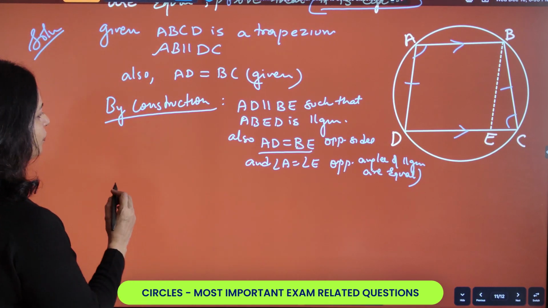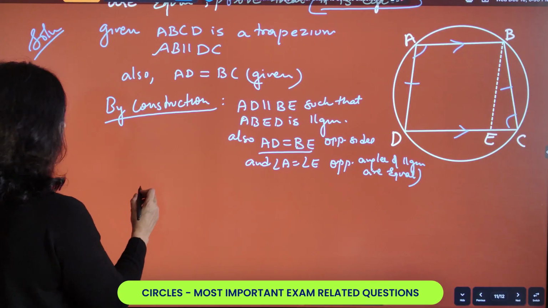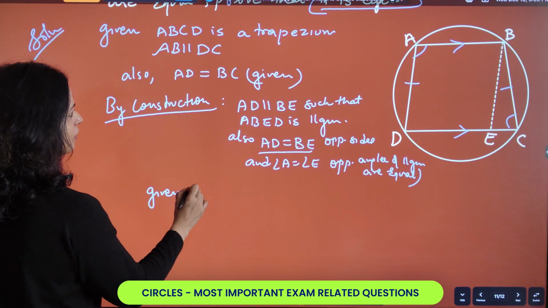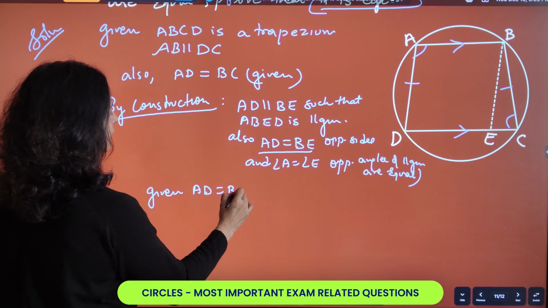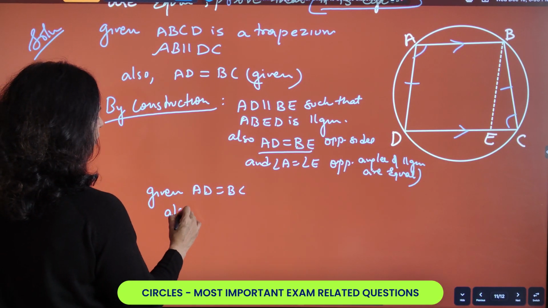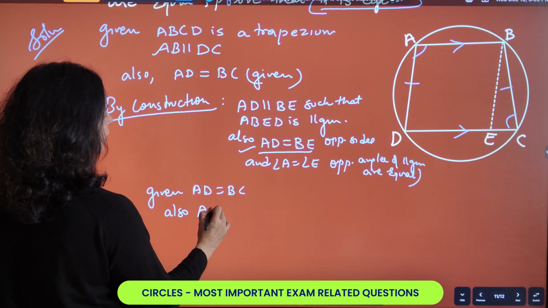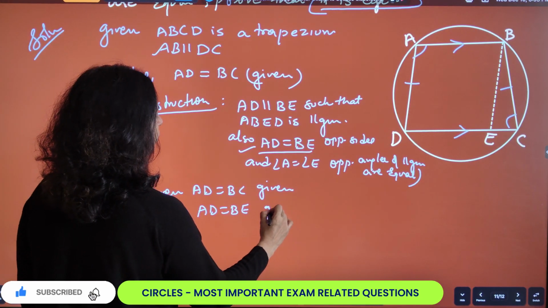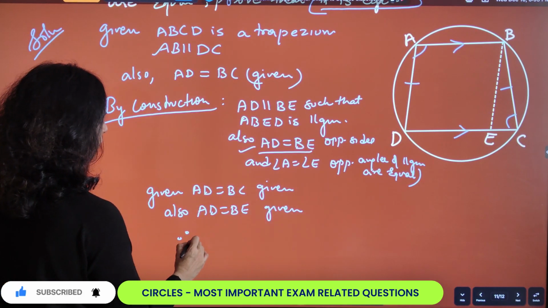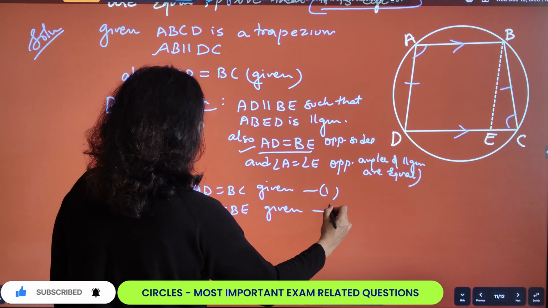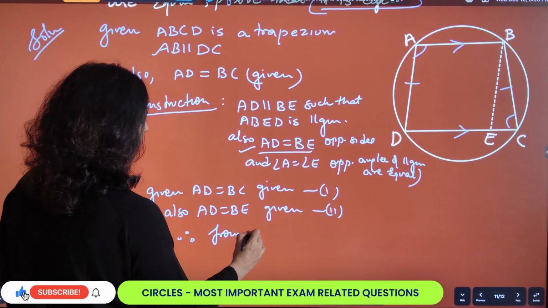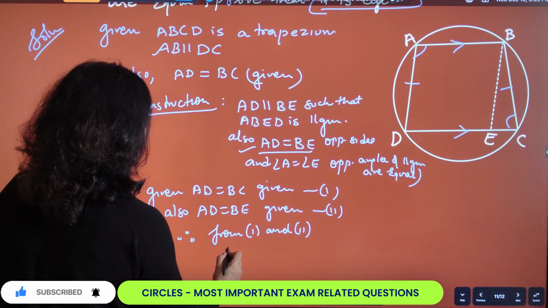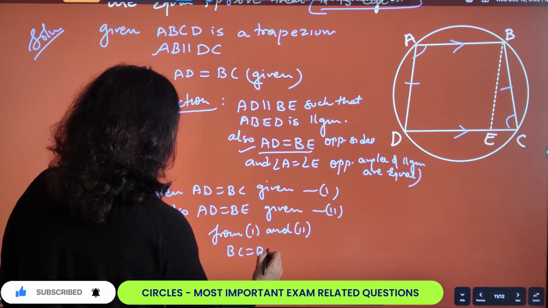Now if you see, AD is equal to BC is given, and also we have AD is equal to BE. Both are given to us. Therefore, from 1 and 2, we can say BC is equal to BE.